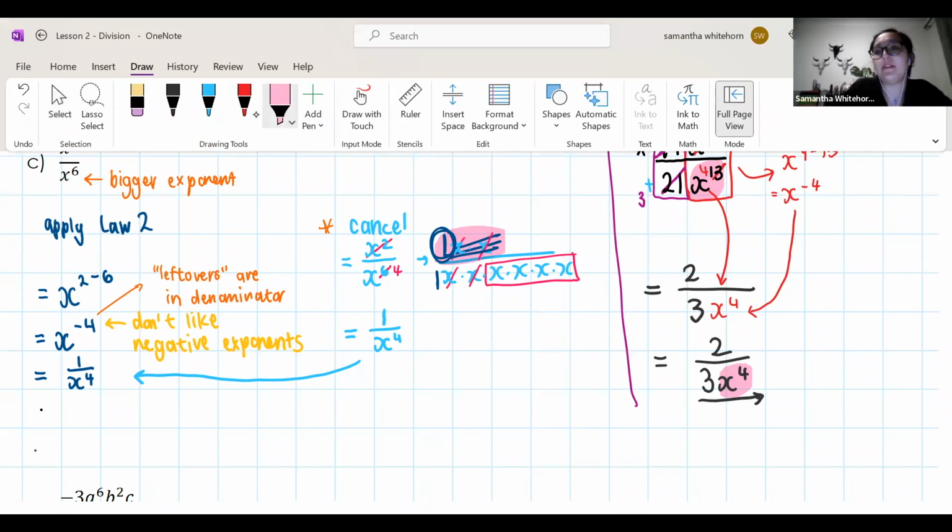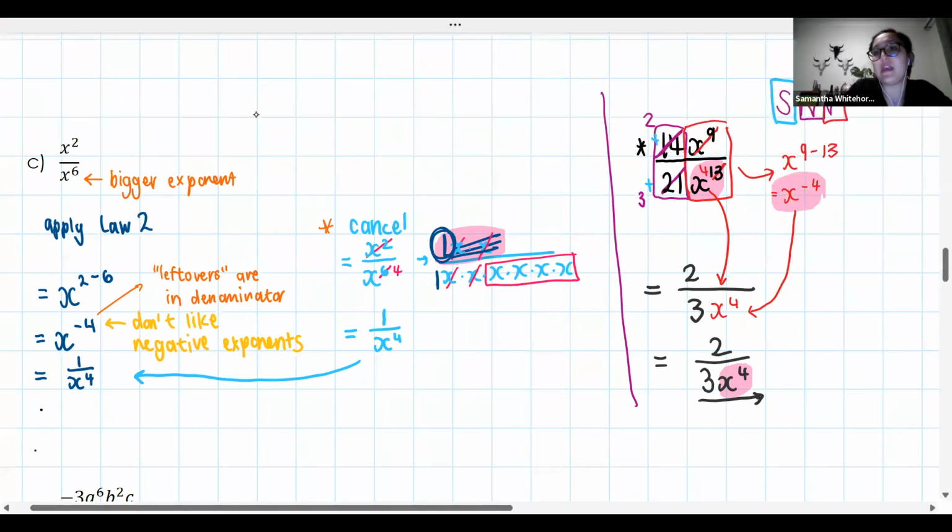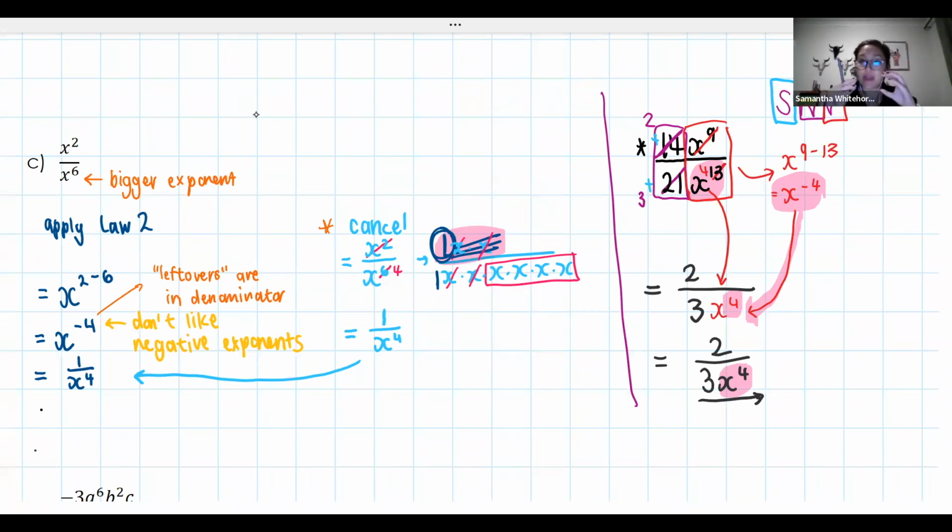Okay, so remember, there's my -4 over there. That negative is telling me that I should put it in the denominator. And so when I put it in the denominator, it becomes positive. It changes the position of my value in the fraction, making it positive because we don't like negative exponents.